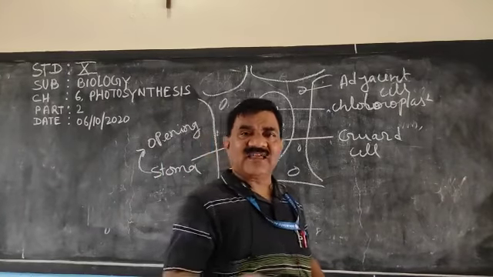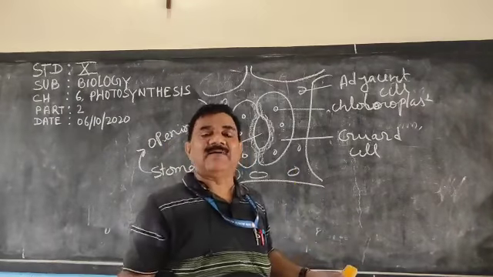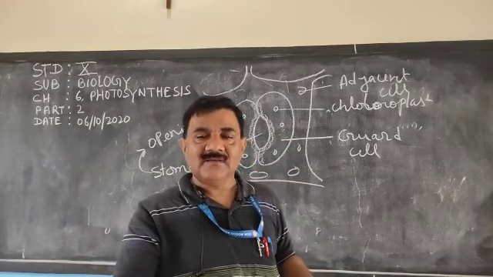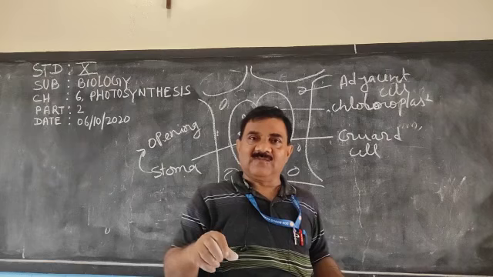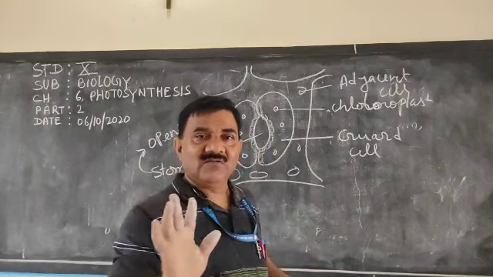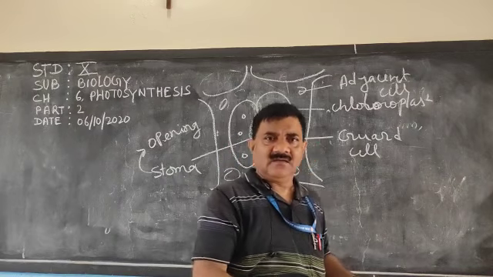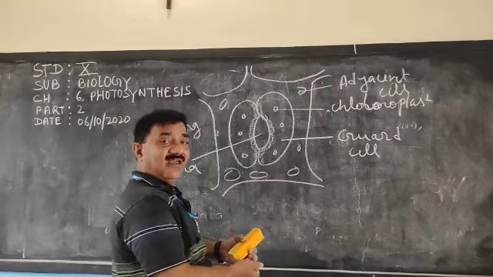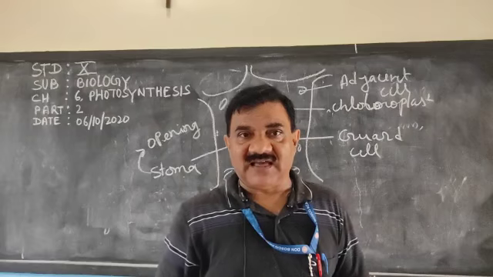Okay, and one thing: stomata actually opens for the diffusion of carbon dioxide, so that carbon dioxide can be taken from the atmosphere or can be released. As we release carbon dioxide, the plant also releases it, meaning there should be diffusion of carbon dioxide.